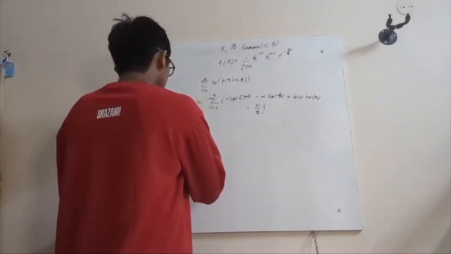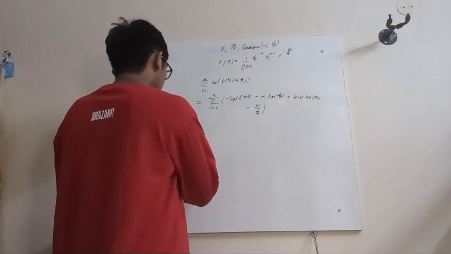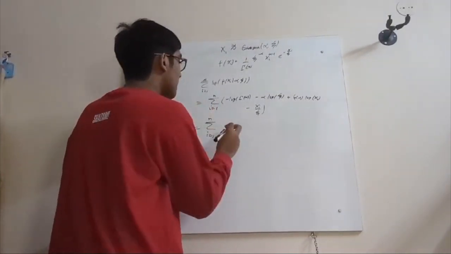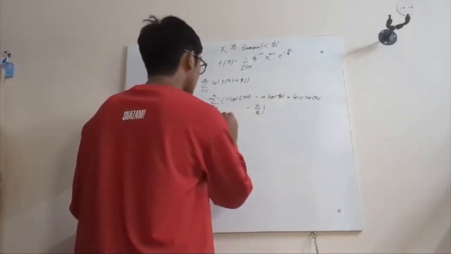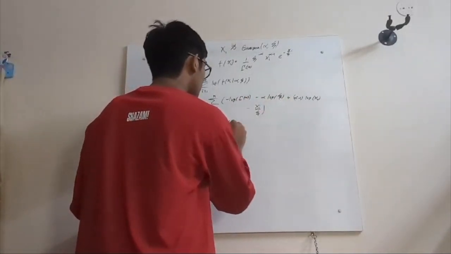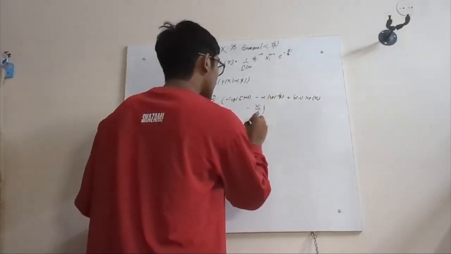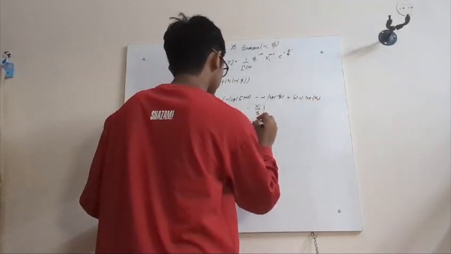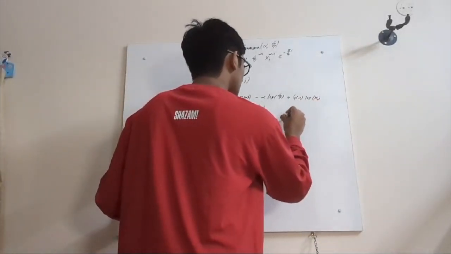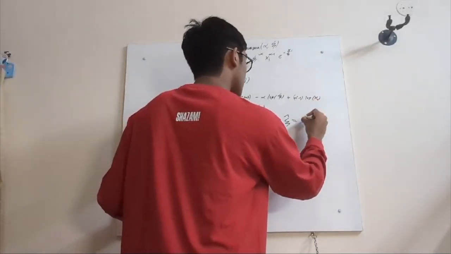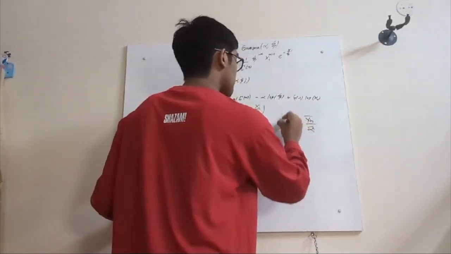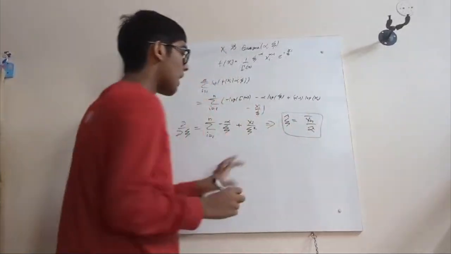Now, the partial derivative with respect to lambda is basically the summation from i equal to 1 to n of minus alpha by lambda plus xi by lambda squared, because the other terms are 0 with respect to lambda. That would basically give lambda cap is equal to xn bar by alpha cap. This is the first equation we have.